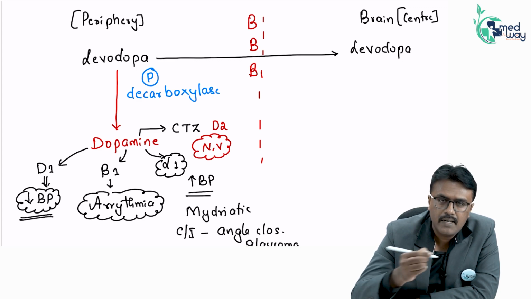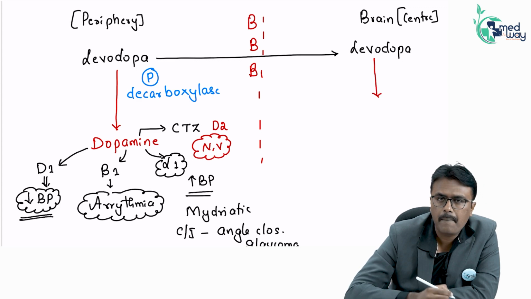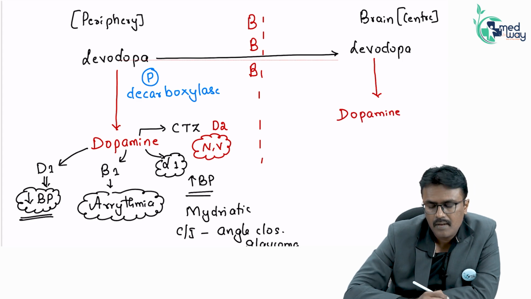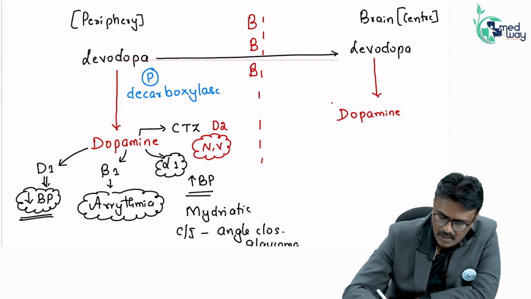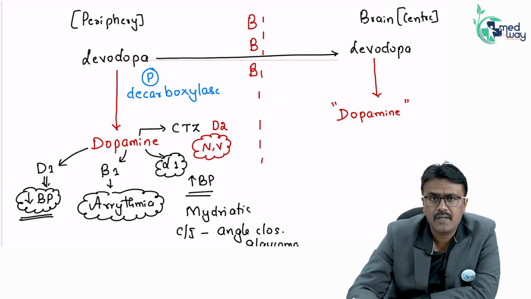But the story doesn't end here. Levodopa has to work in the brain. Now this becomes dopamine in the brain also. So we require dopamine, particularly in the substantia nigra. But I cannot tell the dopamine, dear dopamine, go work only in that part of the brain.